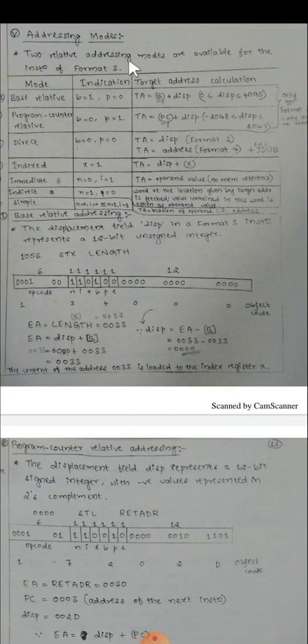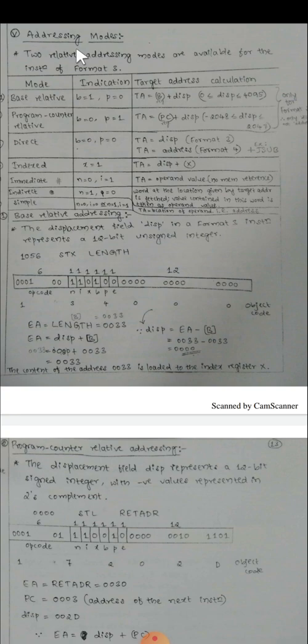Two relative addressing modes are available for instructions of format number 3, particularly in SIC/XE. Remember this word, relative addressing mode. Almost all instructions in SIC/XE will be in format number 3 only.